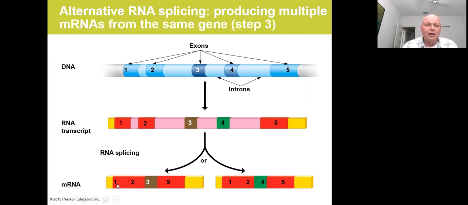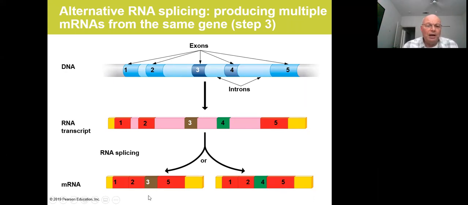So in this case, we've got exon 1, 2, 3, left out 4, and put in 5. And that gives us a messenger RNA. But if we take the same exons and instead use 1, 2, leave out 3, and put in 4 and 5, we've got a different messenger RNA that's going to produce a different polypeptide. And we know that this is what takes place in eukaryotes.